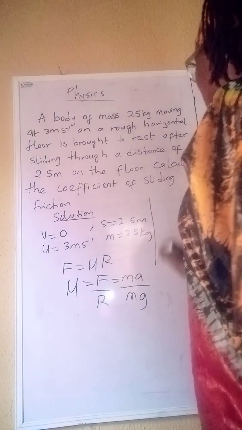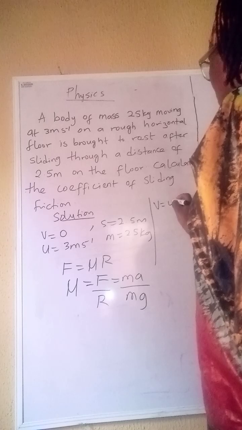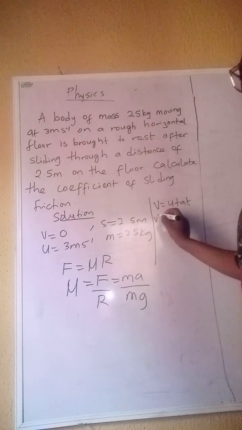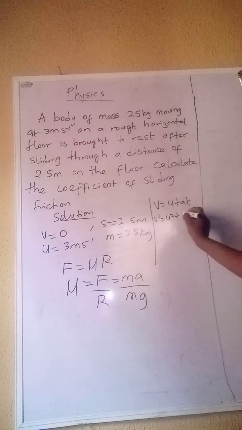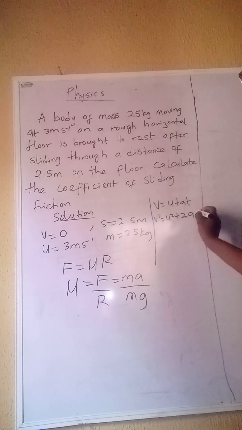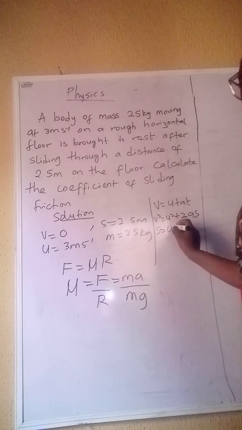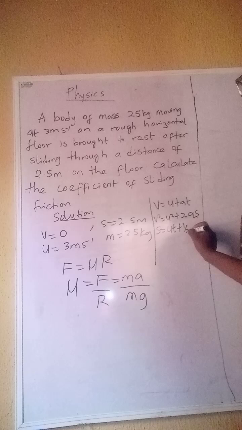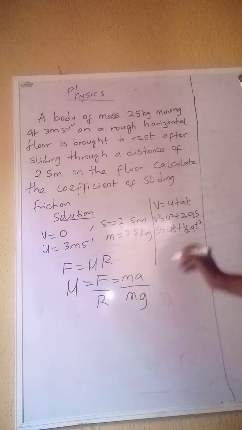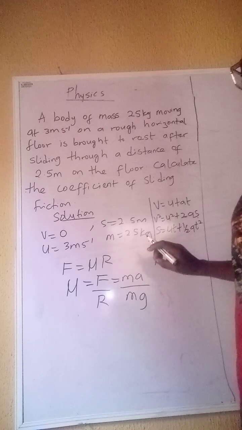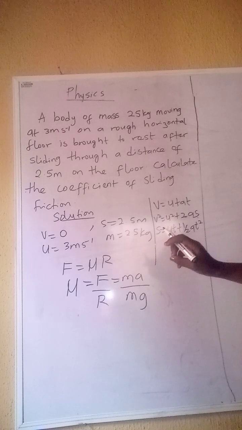Let's see the equations of motion that will be applicable. v is equal to u plus at, v squared is equal to u squared plus 2as, then we have s is equal to ut plus half at squared. Which one do you think is suitable based on the parameters we are given, to find a?